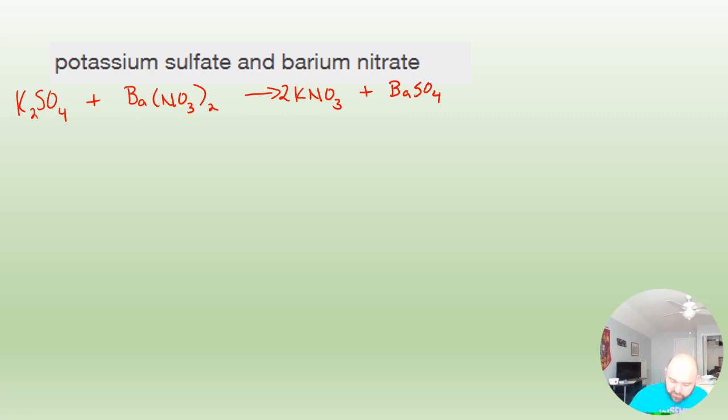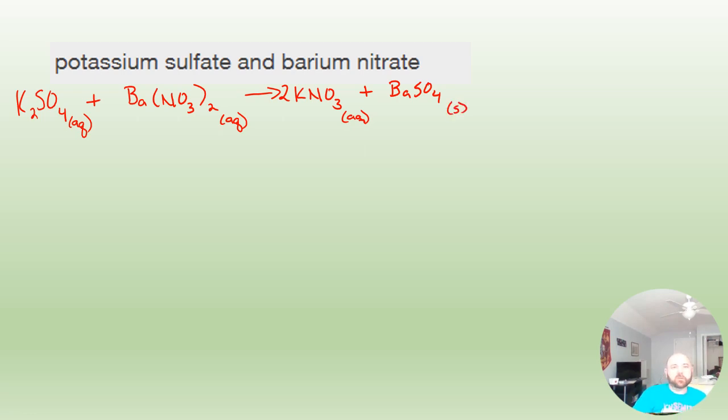First I'll check what is soluble and insoluble. If I check my solubility rules, I would find that potassium sulfate is soluble, barium nitrate is soluble, potassium nitrate is soluble, and barium sulfate would be our insoluble solid.